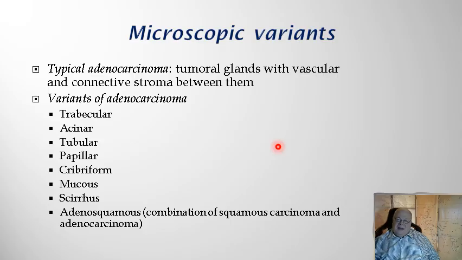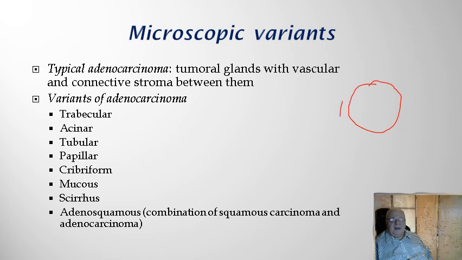At microscopic level, these adenocarcinomas are like all carcinomas made by islands, separated by connective tissue stroma in which you have some small vessels. The difference with squamous carcinoma and basal cell carcinoma is the fact that these islands have a lumina.